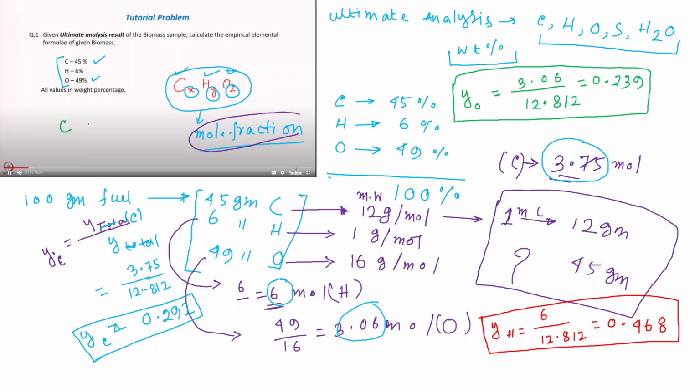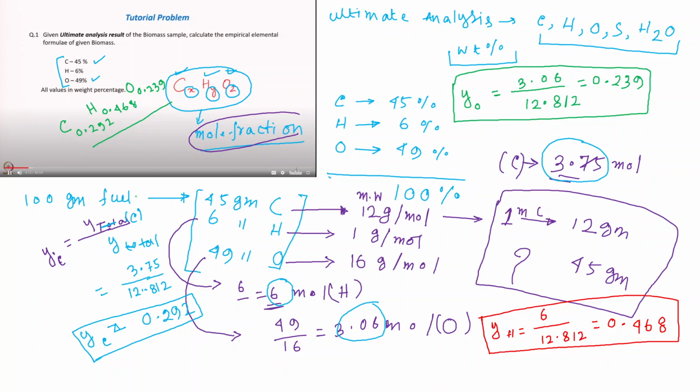X is the mole fraction of carbon, 0.292, hydrogen 0.468, and oxygen 0.239.